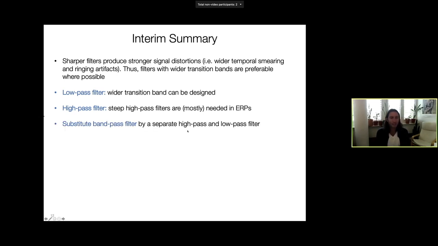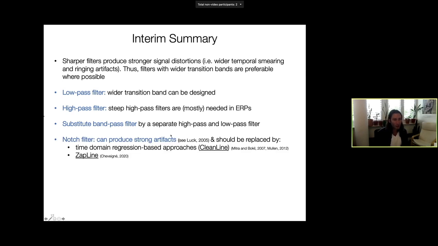because remember the 1/f spectrum in the EEG signal, we have very high amplitudes for the low frequencies. We should actually substitute bandpass filters with separate steep high-pass filters and shallow low-pass filters, because bandpass filters use low-pass and high-pass filters with the same filter design, and this is often not ideal. Moreover, notch filters can produce strong artifacts, as has been shown in the publication of Steven Luck in 2000.